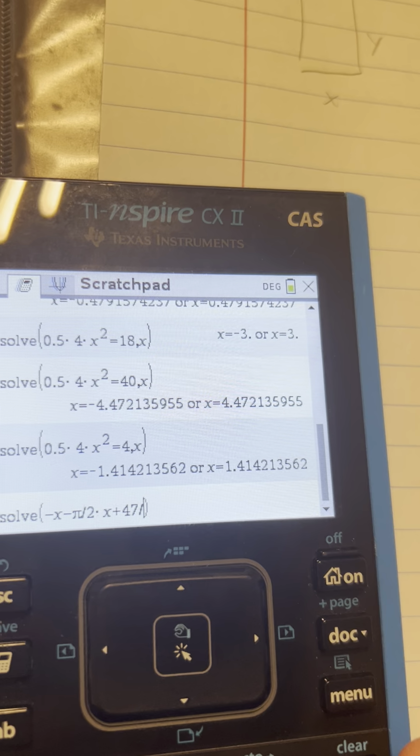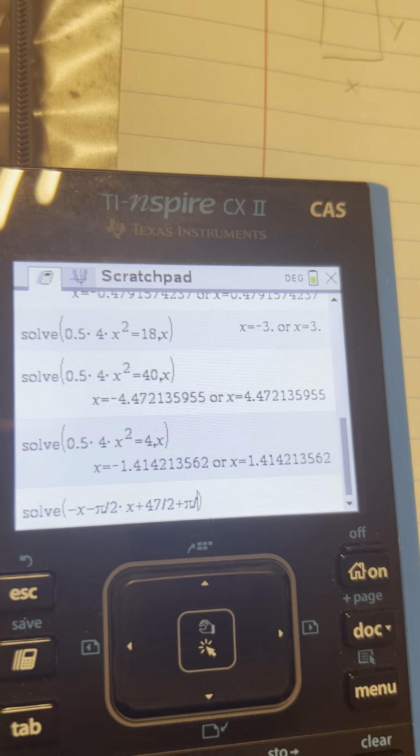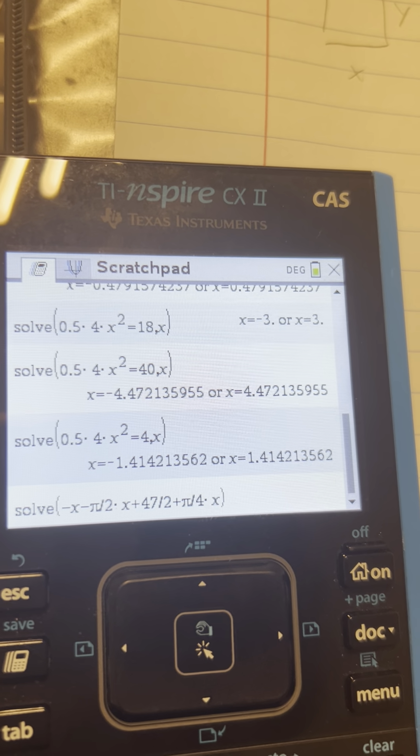Solve for, let's see, negative x minus pi over 2 x plus 47 over 2 plus pi divided by 4 times x.